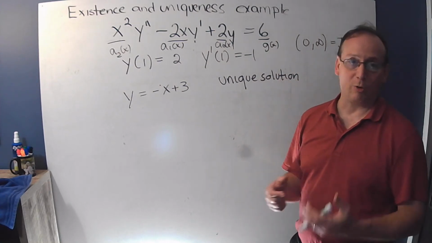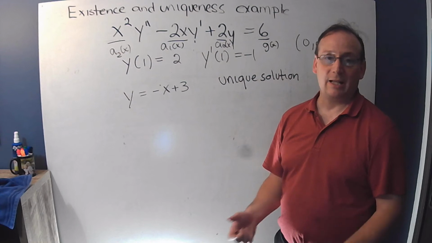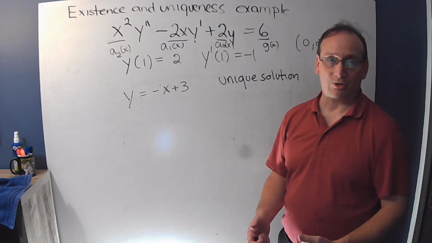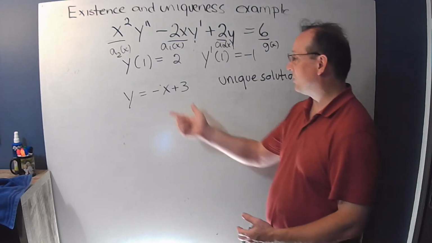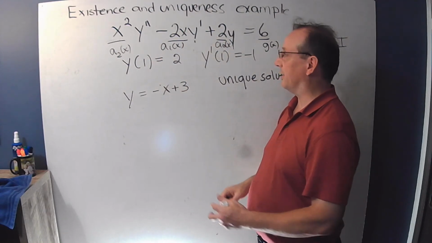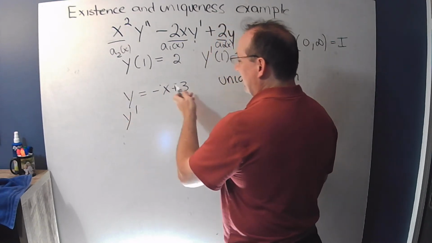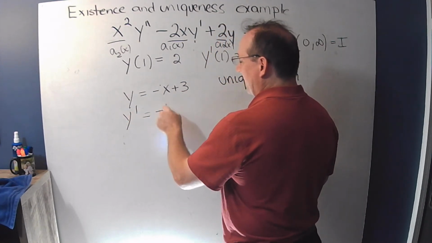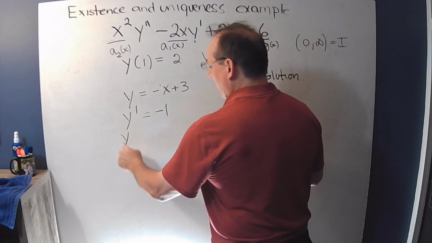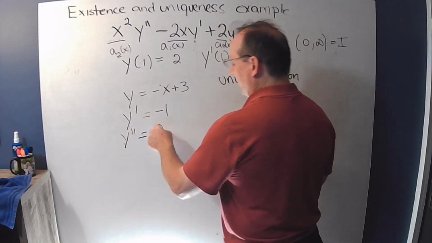When you go through a complicated process, it's easy to make a mistake, and you want to know that your solution is correct. So let's check the solution and see if it meets the criteria. If y is negative x plus 3, then y prime is negative 1, and y double prime is 0.